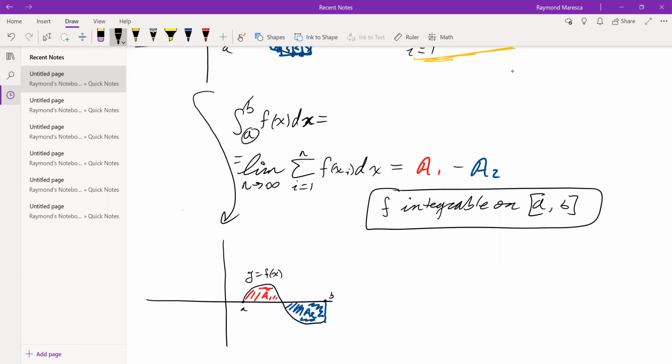Now this a and b we call the limits of integration. Be careful here, we don't want to get that confused with the limit of our sum. Those are two different things. The function f is called the integrand, and this dx just denotes that f is a function of x.